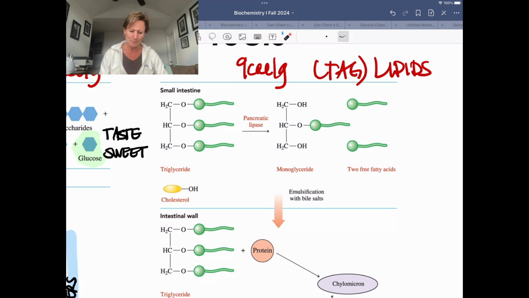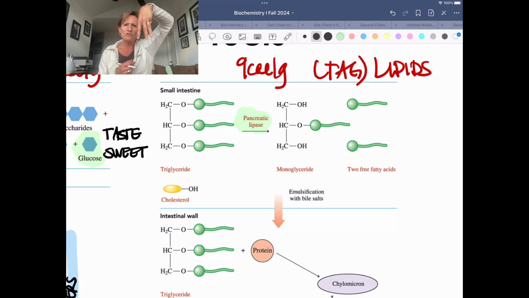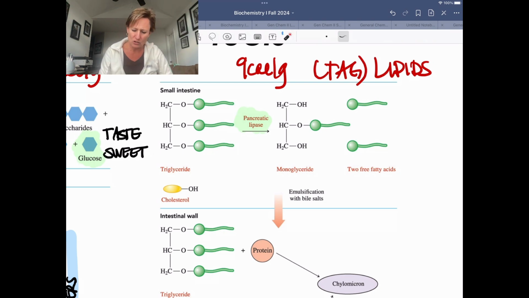We'll talk more about lipid digestion next semester, but I want you to know that lipases take a triglyceride and snip off at least one of the fatty acids. We cannot move triglycerides out of our GI tract, but as long as you snip off at least one fatty acid, and our picture shows that you've snipped off two to generate a monoglyceride, you can have diglycerides exit your GI tract, but not triglycerides.